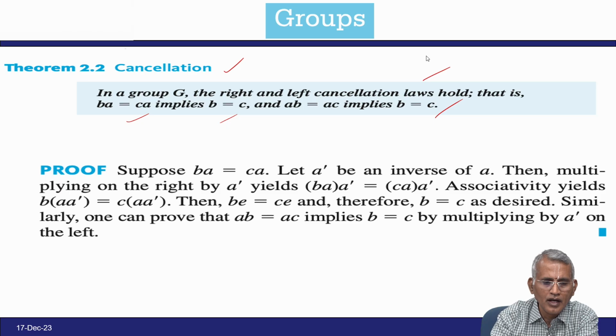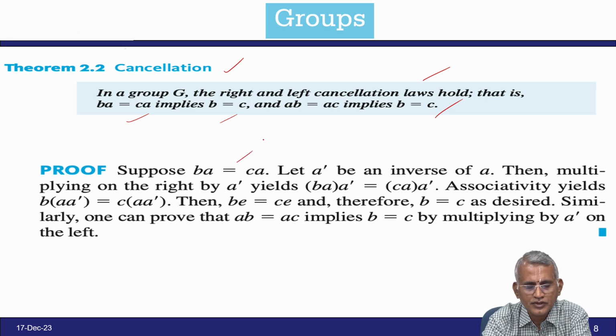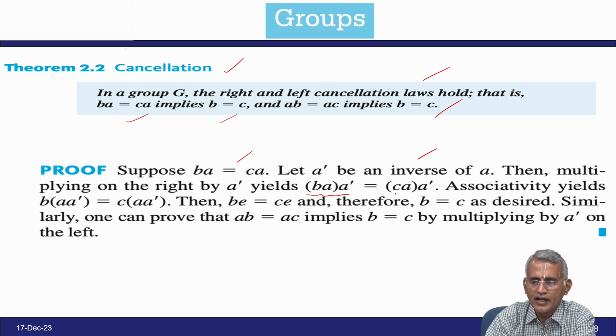Suppose BA equal to CA. In a group every element has an inverse. So let A inverse be the inverse of A, and multiply on the right by A dash. This yields BA into A dash equal to CA into A dash. Since it follows the associative property, we can write this as B into AA dash equal to C into AA dash.